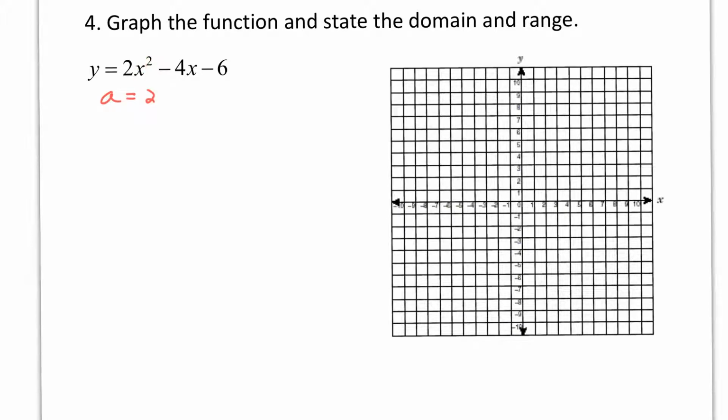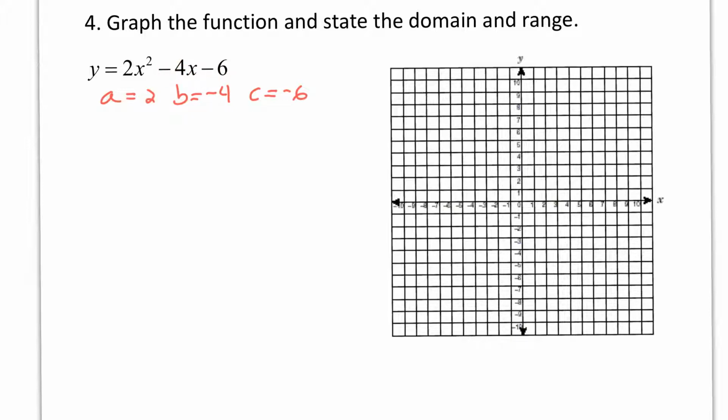My b value is -4, and my c value is -6. So in this function we have all three: a, b, and c. Just to make sure, a is the coefficient of the x squared, b is the coefficient of the x, -4, and c is your constant.